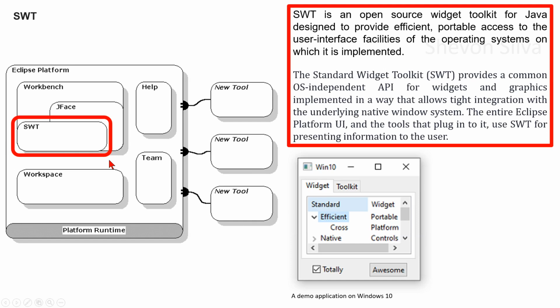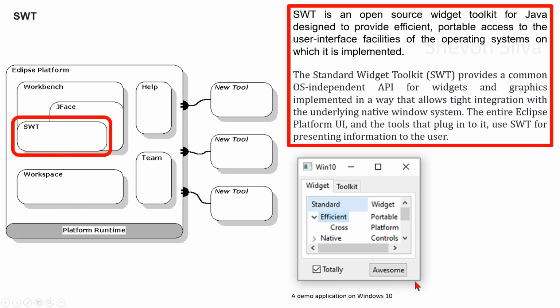The standard widget toolkit provides a common OS independent API for widgets and graphics, implemented in a way that allows tight integration with the underlying native windowing system. The entire Eclipse platform UI and the tools that plug into it use SWT for presenting information to the user.